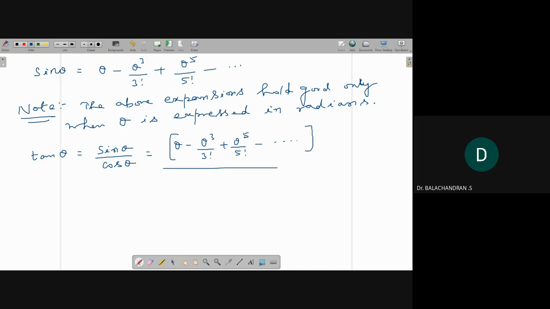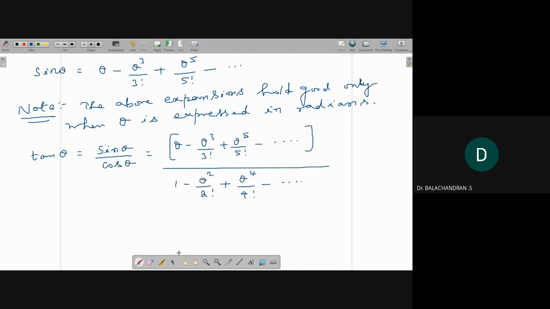Divided by cos theta. Cos theta is 1 minus theta square by 2 factorial plus theta power 4 by 4 factorial minus and so on.